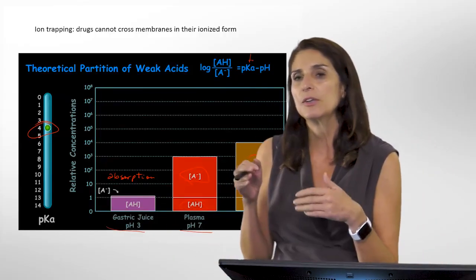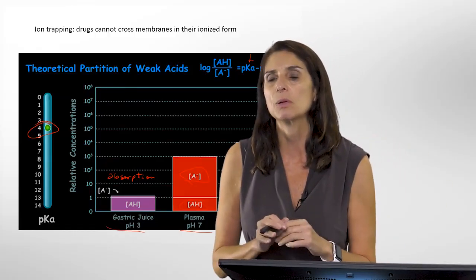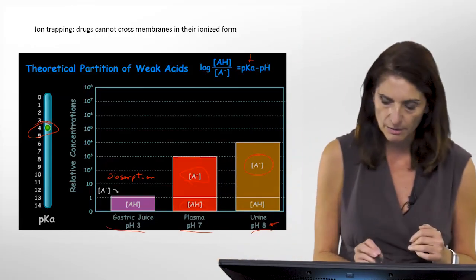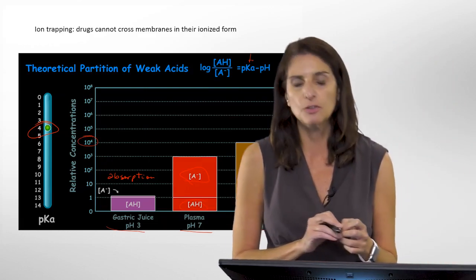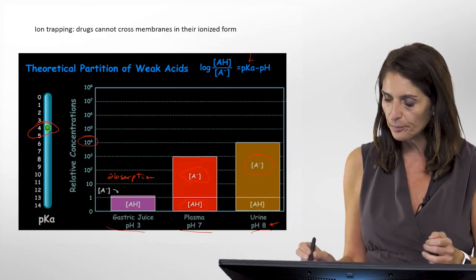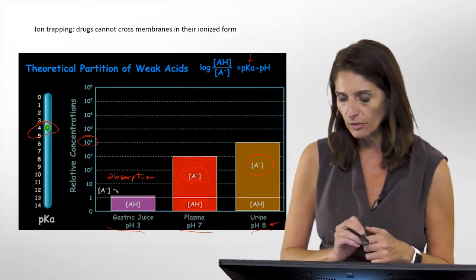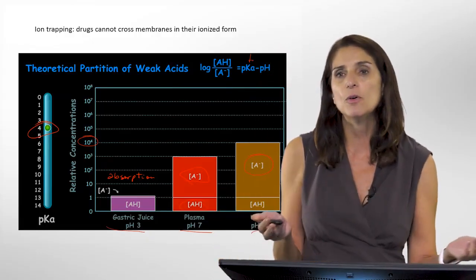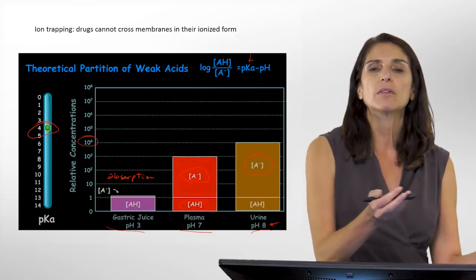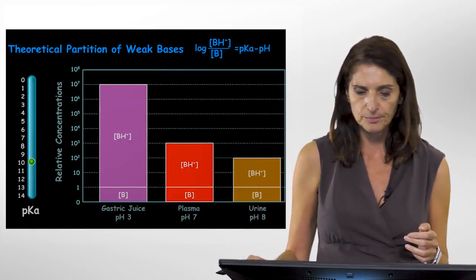Once the drug makes it to the urine, it will be completely or almost completely ionized, so the concentration of the ionized drug will be 10,000 times higher than the concentration of the non-ionized drug, and therefore the drug will be rapidly excreted and eliminated in the urine.